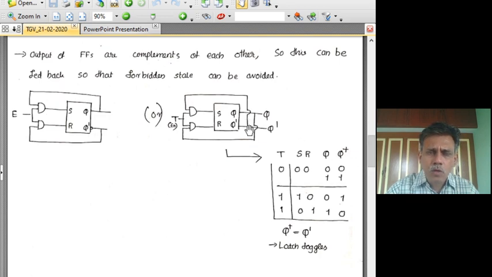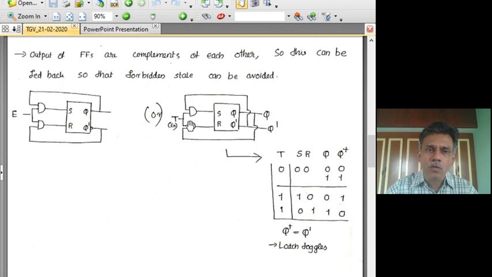Now, this feedback toggles the flip-flop. Well, how long will it take to toggle? That depends upon the propagation delay of the NOR gates that are present in this SR latch.